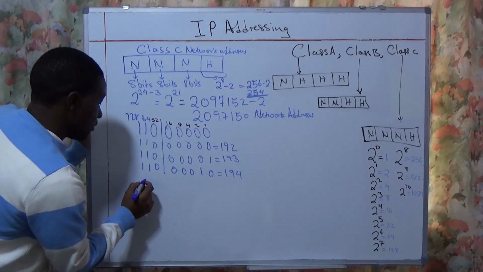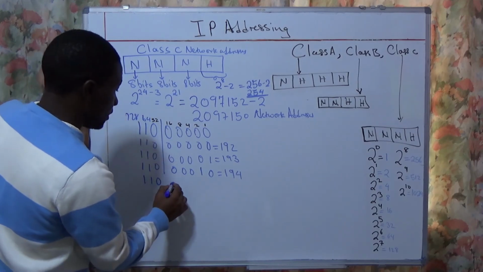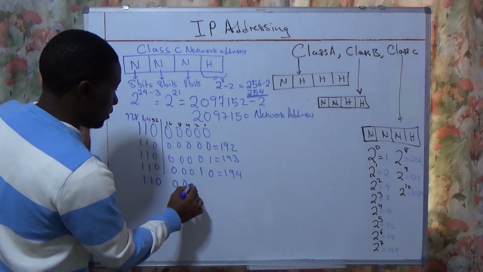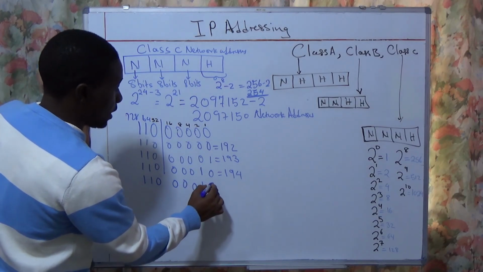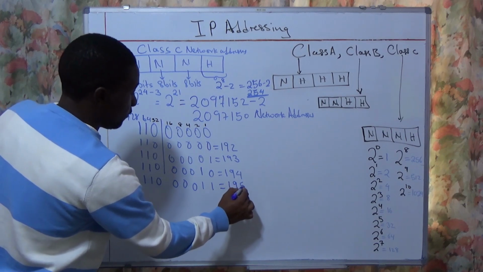And then we shall have 1, 1, 0, 0, 0, 0, 1, 1, which will give us 195.